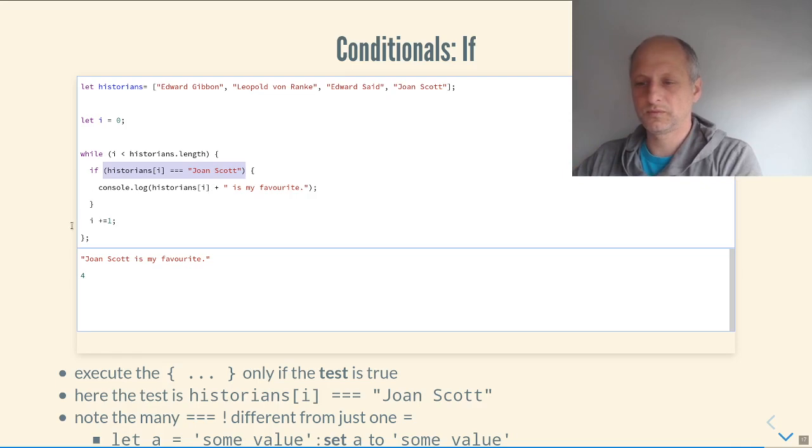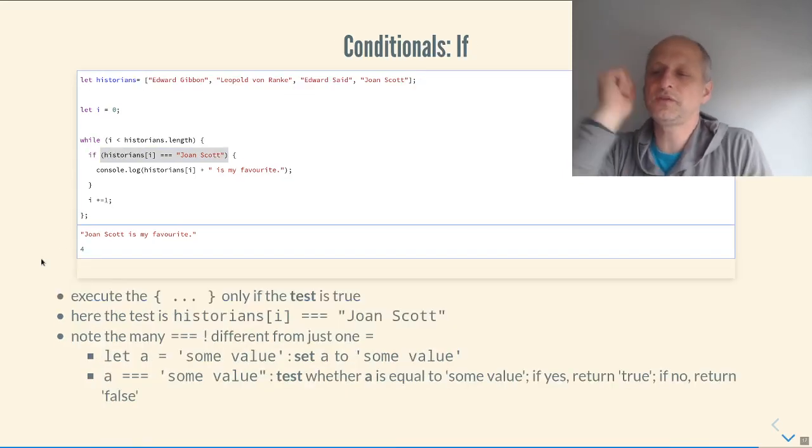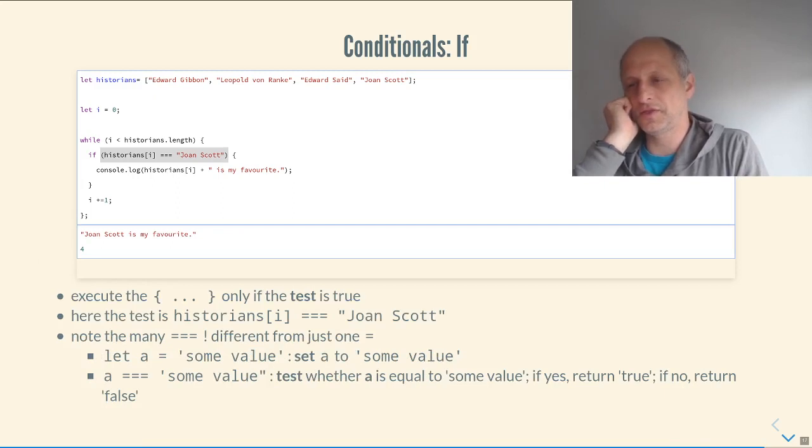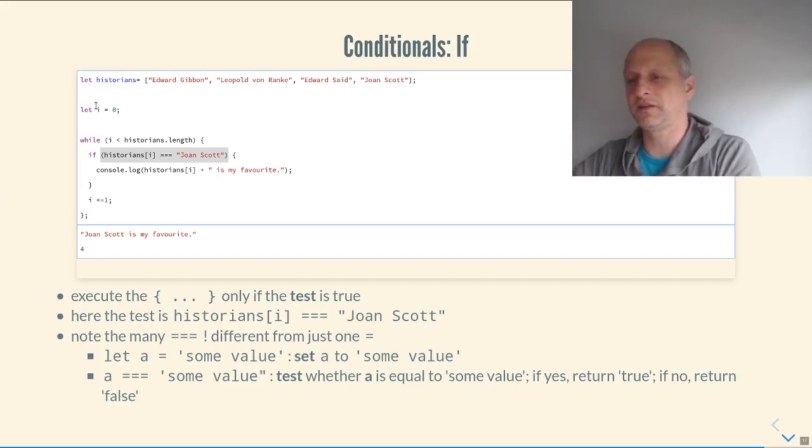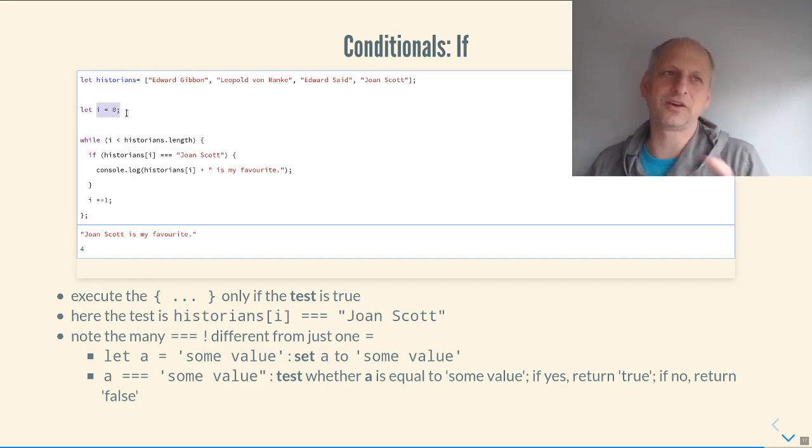So one thing to note is the presence of a whole bunch of equal signs run together. In this case, 3. We can use 2 or 3, but we try to always use 3. So this is really different from a single equal sign, and one of the very common mistakes is to forget, in the haste of writing, the difference between them.